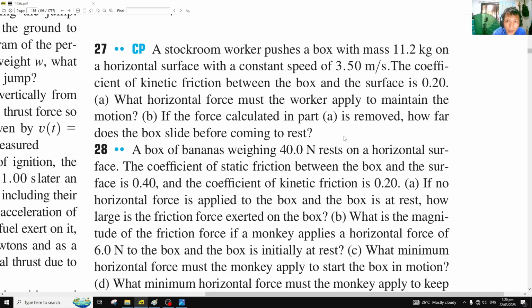Static is for those that are not moving and kinetic is for those that are moving, whether it's the first law or the second law. Even though it's moving in the first law, the acceleration is equal to 0, so the velocity is constant. Friction between the box and the surface is 0.2. What horizontal force must the worker apply to maintain the motion?